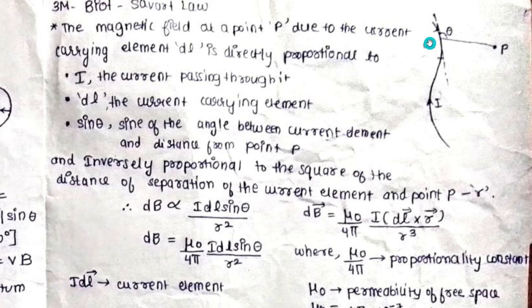This is the current element, and R is the distance of separation.